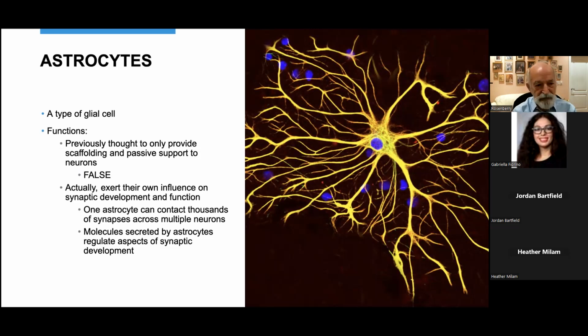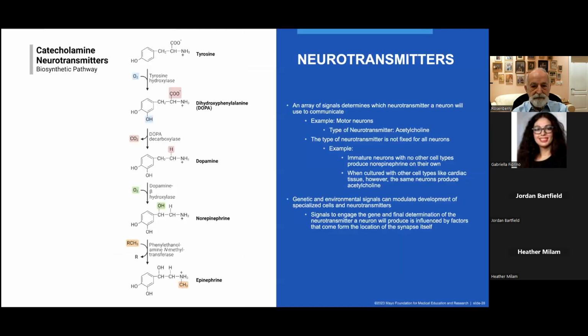That turned out to be a false assumption, and we now know that they actually exert their own influence on synaptic development and function, especially since one astrocyte can contact thousands of synapses across multiple neurons, and molecules secreted by astrocytes regulate the synaptic development. Next slide.